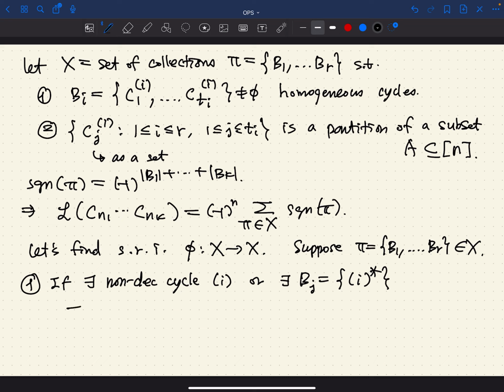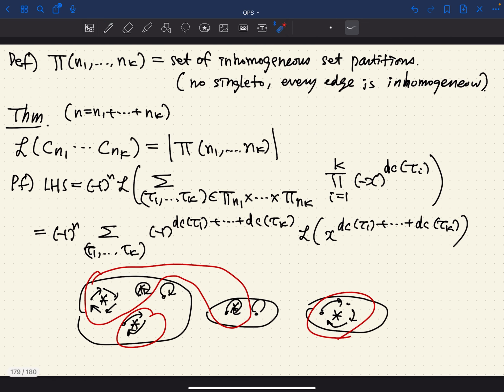Then change them. If you have this, replace this by this. If you see something like this, you replace it by that. And of course, we have to select the smallest such i. So for instance, in this case, maybe I should give some example. Yeah, let me give you an example that will be helpful.